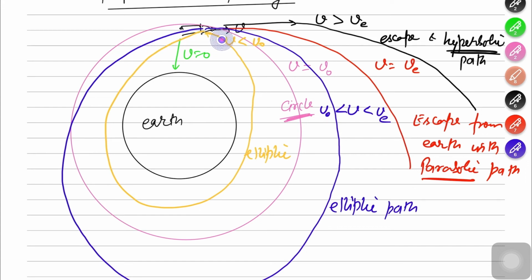Whereas if velocity is less than orbital velocity, the path will be elliptic, but it may not be able to revolve around the Earth, because sometimes it may strike the Earth and fall down.